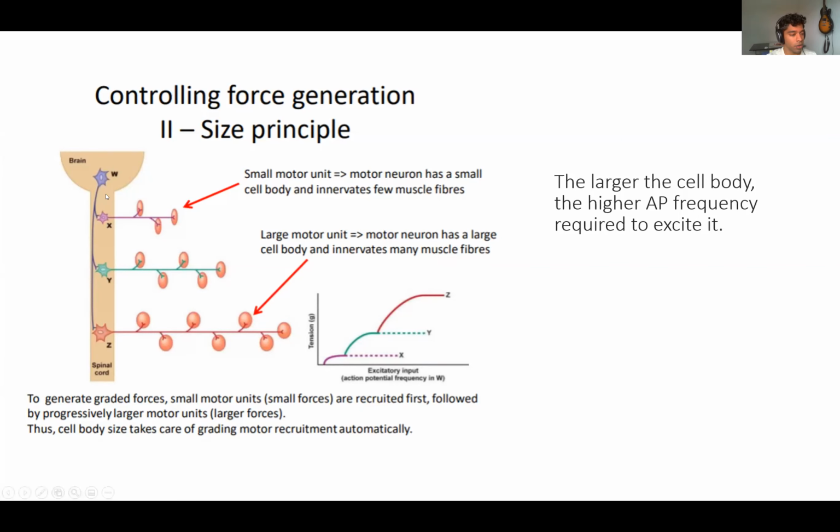So if we have a low frequency, these small motor units will be activated, but these will not. Then as we increase the frequency, we're activating X, we're activating Y, and then if you increase it even further, we're activating Z as well. So all of those will be activated. For our fine motor actions, we only want to use X because we don't want too much force. But obviously if you're lifting weights or something, you want to use all of these. So you'll start increasing the frequency. So the bigger cell body will be activated and you can use all of these muscles that it's attached to.